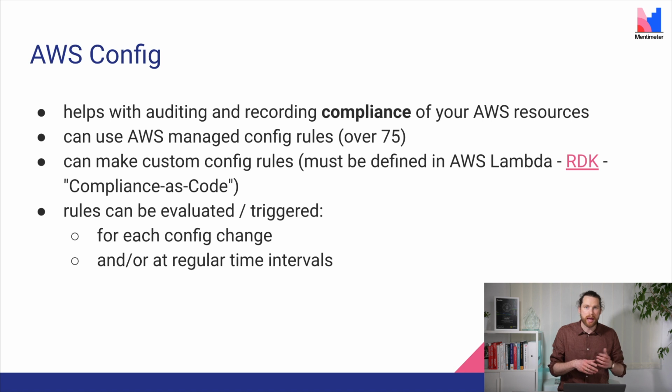If it is not compliant, then it can notify you and let you know that you need to handle the situation. These rules can be triggered either when the configuration changes, or you can walk through the resources at regular time intervals.